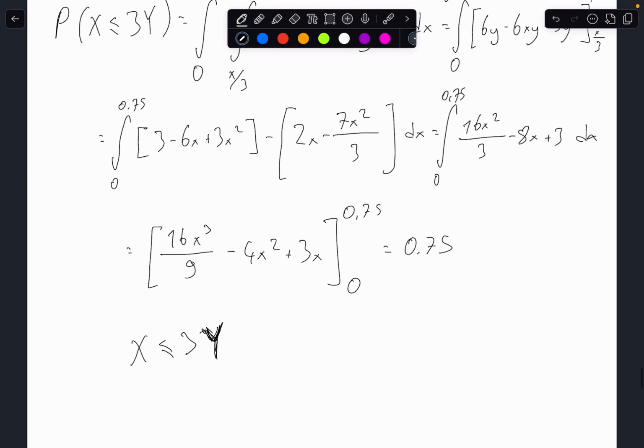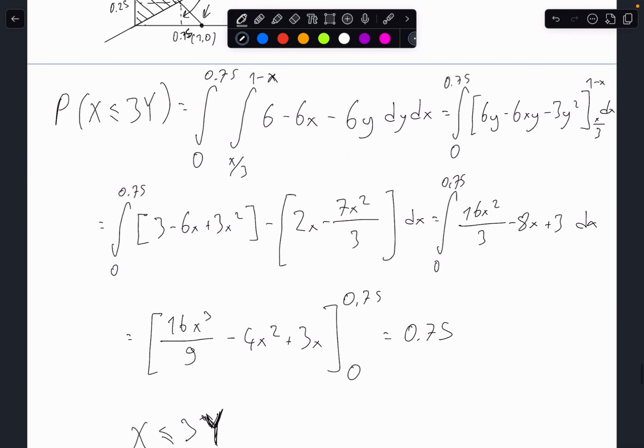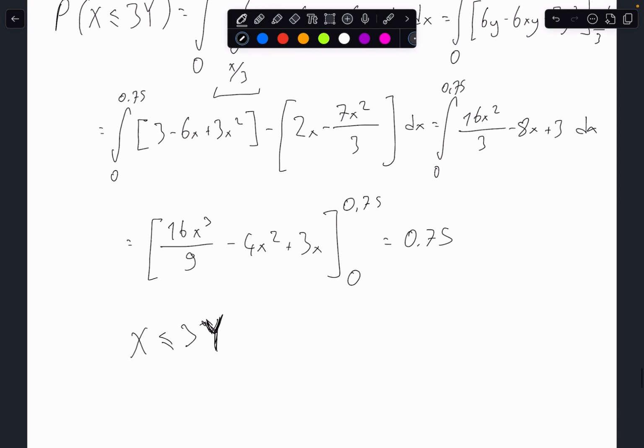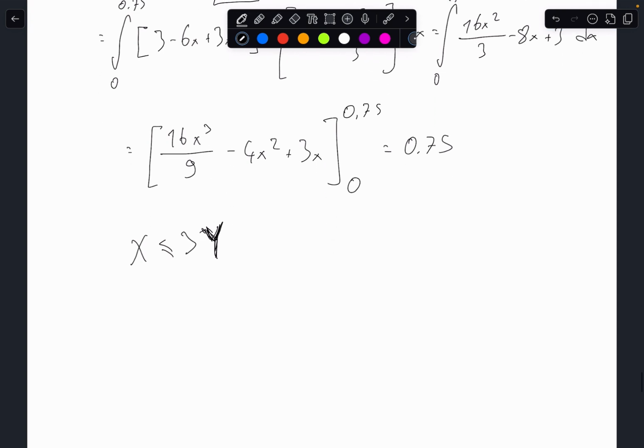The most important part of this question is to find the bounds for this y. And actually it's not that complicated.